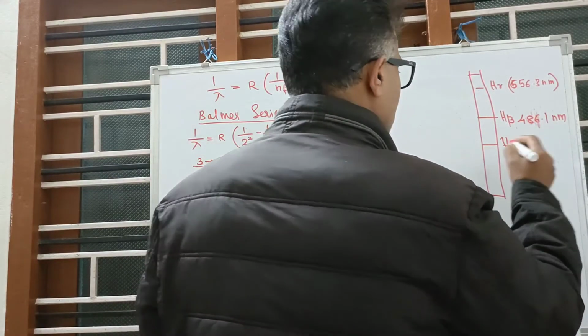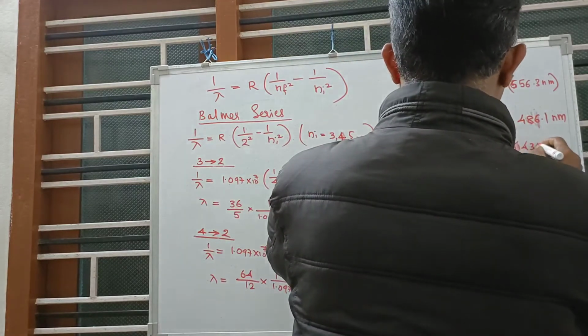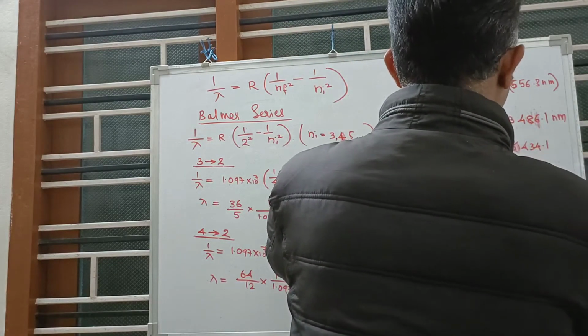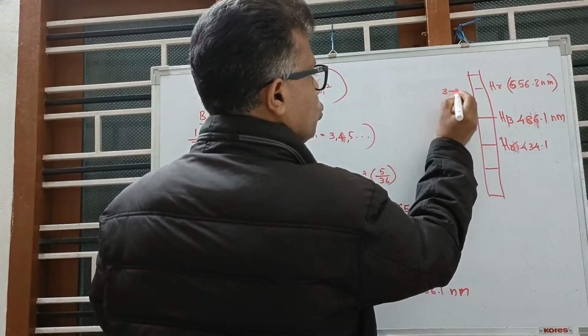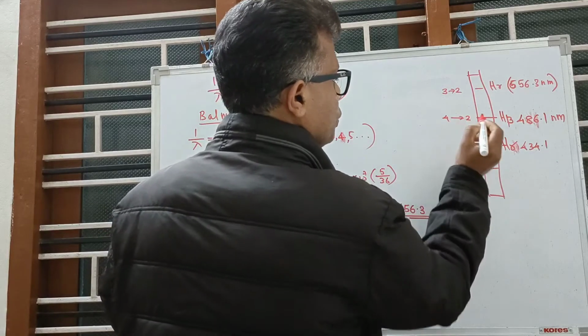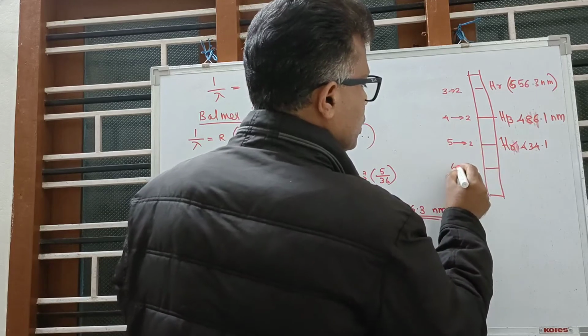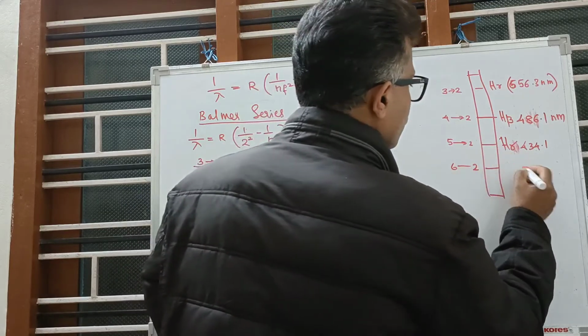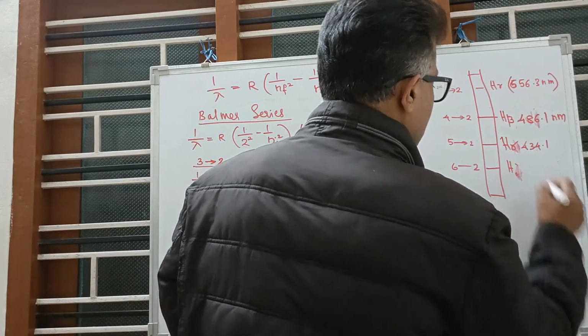It is how much, that one? 434.1. So, we can say it is 3 to 2 jumping, 4 to 2 jumping, 5 to 2, 6 to 2, H delta. Clear, no?